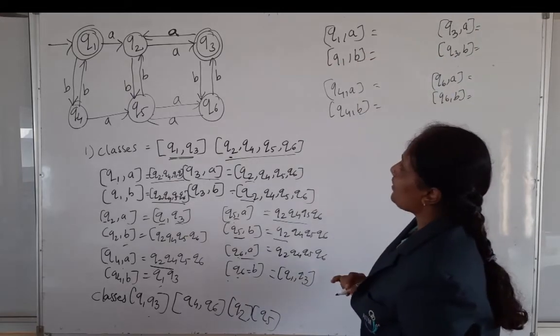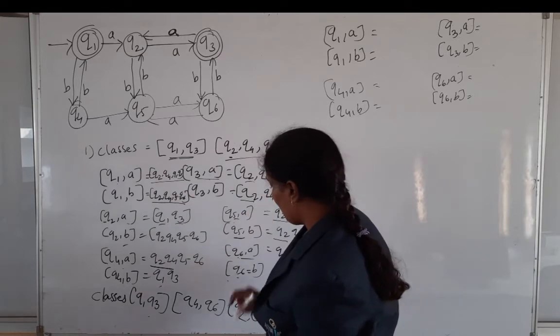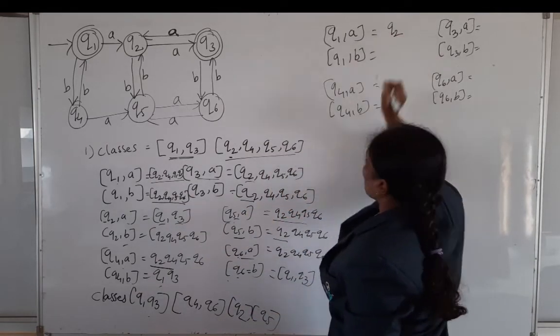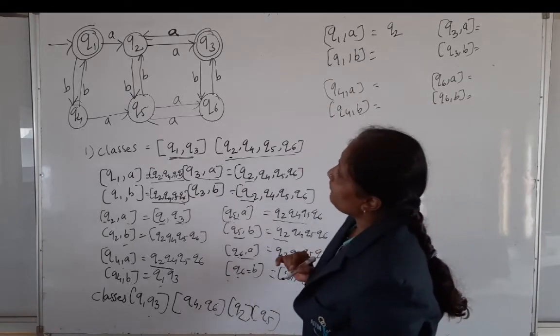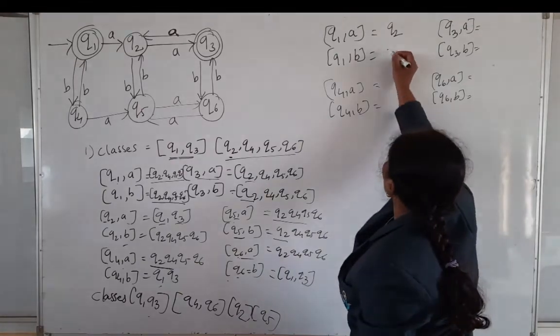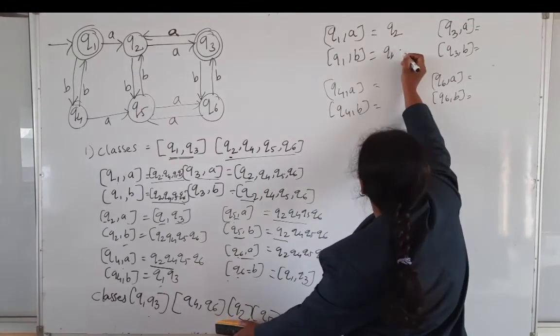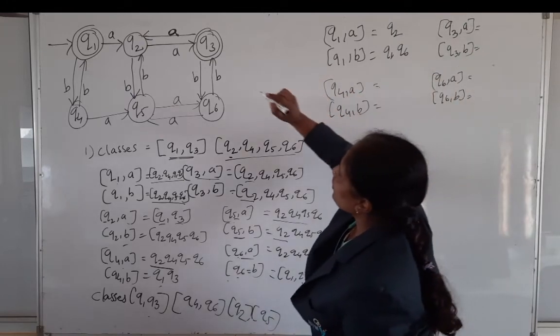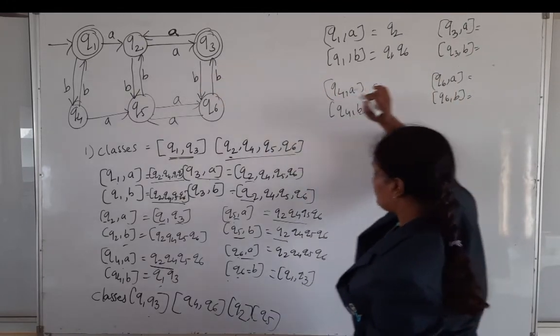So Q1 of A, where I reach to a Q2, where Q2 is a separate class. Q1 of B, where I reach to a Q4. So I'll write here Q4, Q6. Next, Q3 of A, where I reach to a Q2.